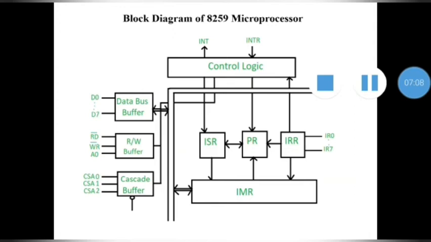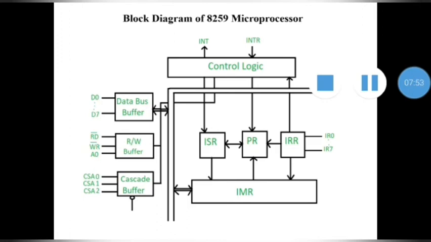So this bidirectional buffer interfaces the 8259 to the microprocessor system data bus, and these data lines are used to transfer the control word, status and the vector information during the read and write operations.